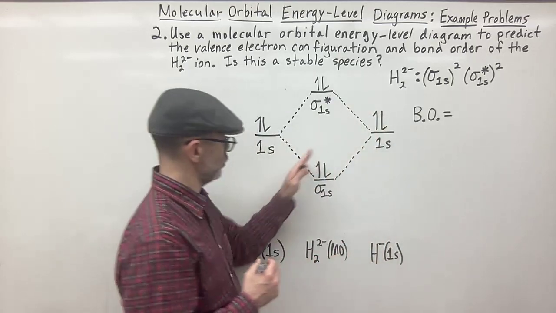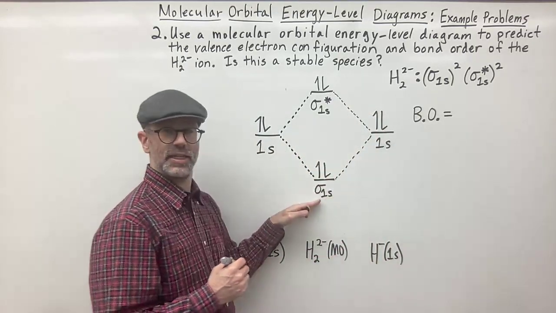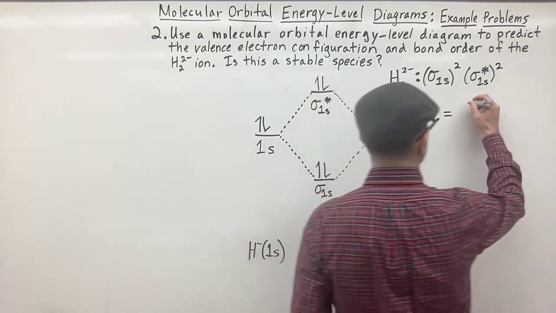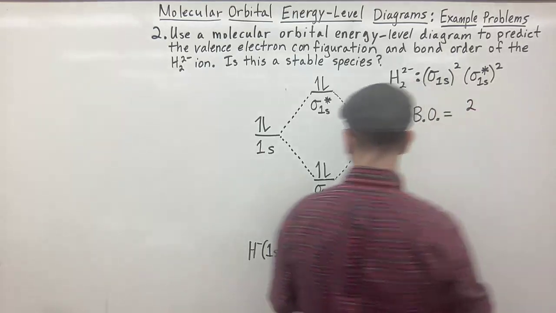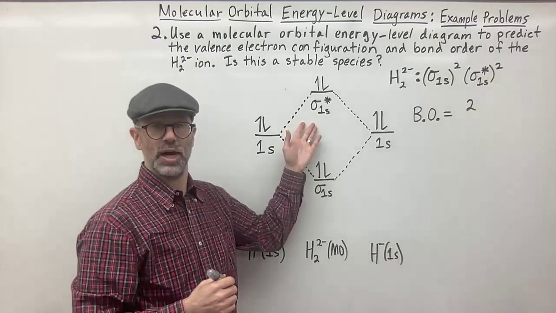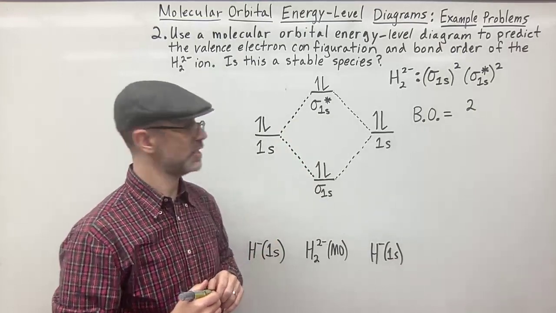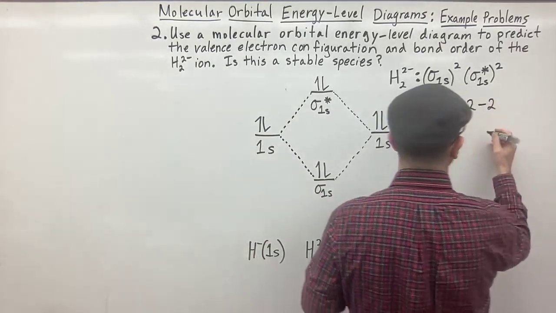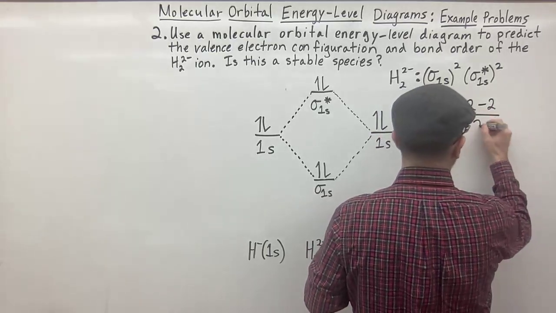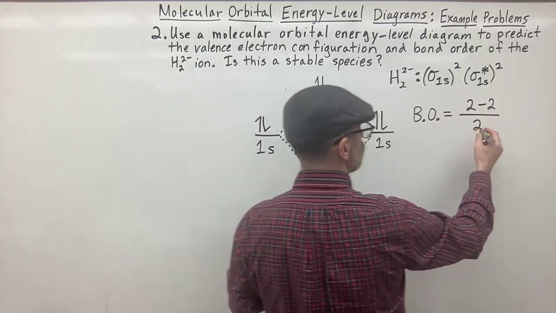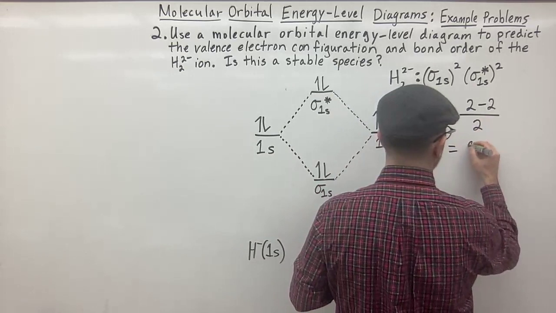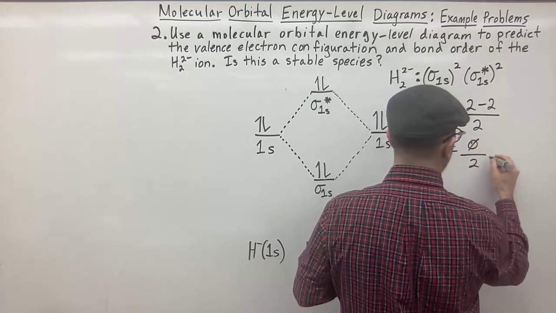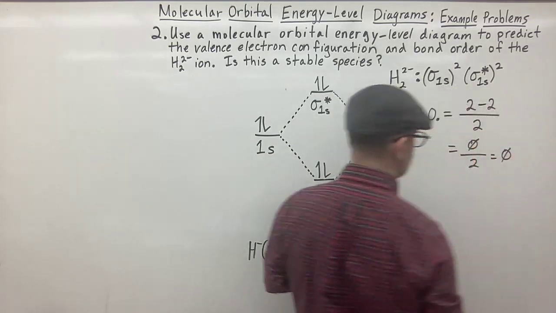So we have 2 bonding electrons in the sigma 1s. So that's 2. And we have 2 electrons in the anti-bonding sigma 1s star. So we're going to subtract out 2. And then we're going to divide that by 2. Well, 2 minus 2 is 0. Divide that by 2, you get 0.